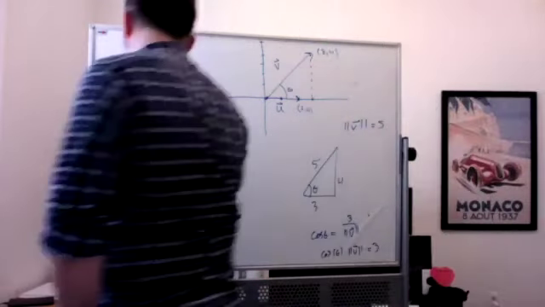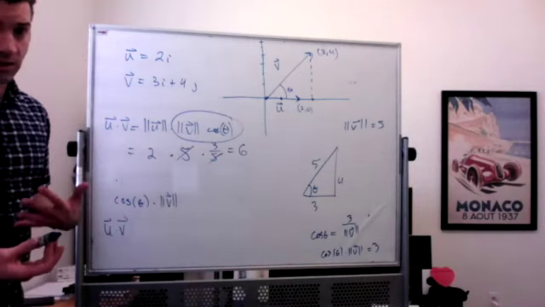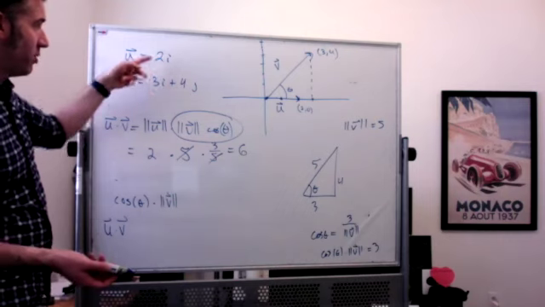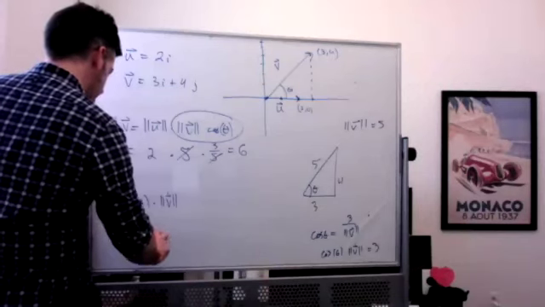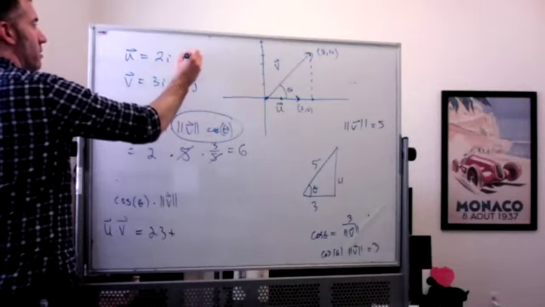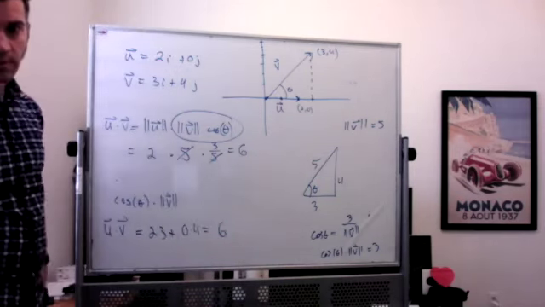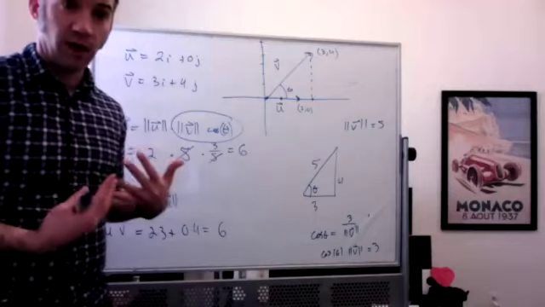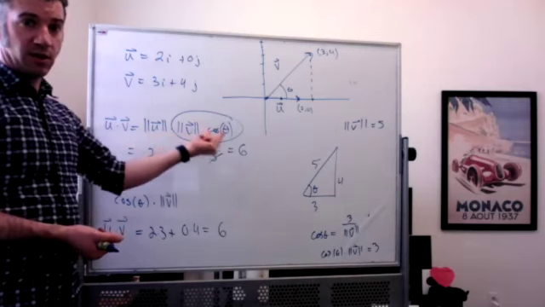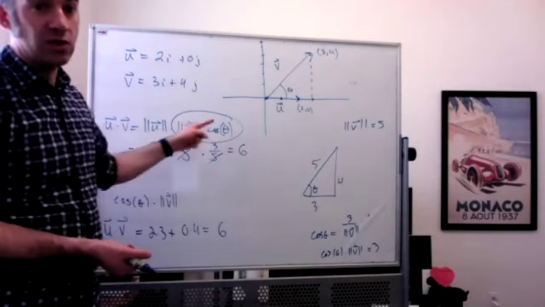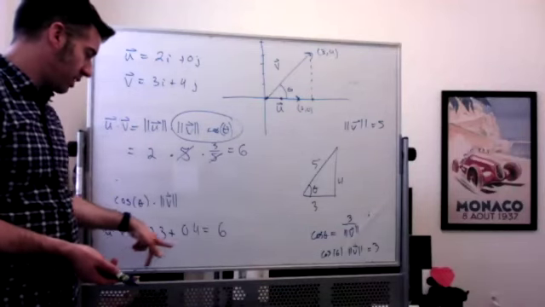And so when you're trying to calculate u dot v, there is another way you can calculate it, which is you multiply the components of the same parts together and you add. So u dot v is going to be 2 times 3 plus 0 times 4, which is 6. So there's 2 ways of calculating the dot product between 2 vectors. You can either multiply the magnitudes together times cosine of the angle between them. It's not usually easy to find the angle between them. Or you can multiply their components together and then add up the results.